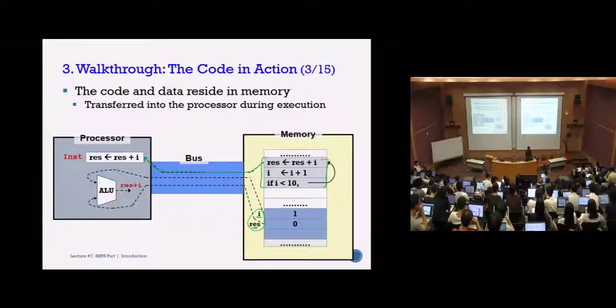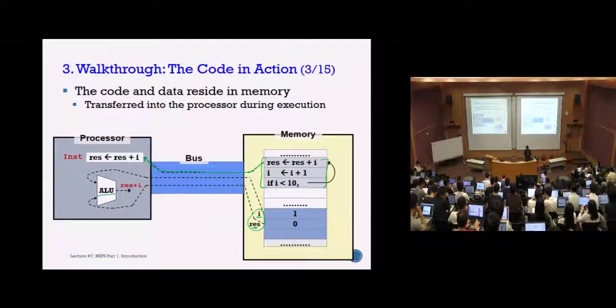Your ALU is your arithmetic and logical unit. That is the component in your processor that is eventually doing all the computational work for you. So in order to do this one instruction, I need to do 3 things. First, I need to get the result variable into my processor. I need to get the I variable into my processor, and then I execute the instruction.